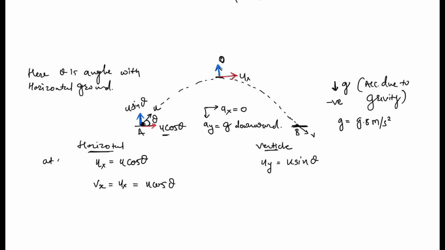Here it is at A, here it is at B. Now if we want to analyze vertical situations, then we know if at the same height a ball goes up with u sin theta, then it comes downward with the same velocity but in opposite direction, so at B, vy will be negative u sin theta.